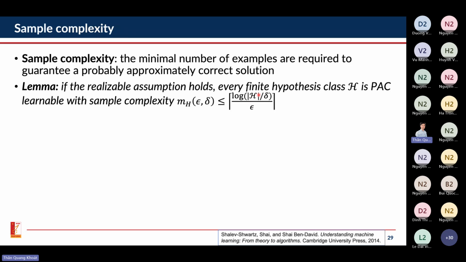And of course, when we write this, we are assuming that the model class is finite. So if the model family satisfies the realizable assumption, then we can estimate the sample complexity, and this is the upper bound for the sample complexity.